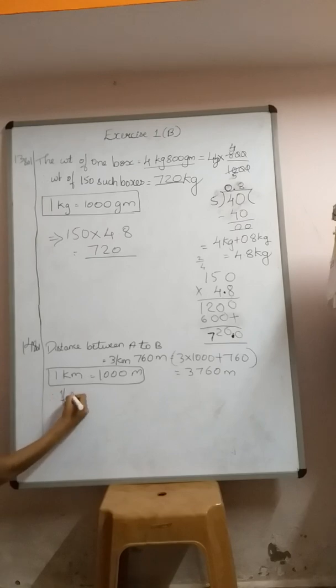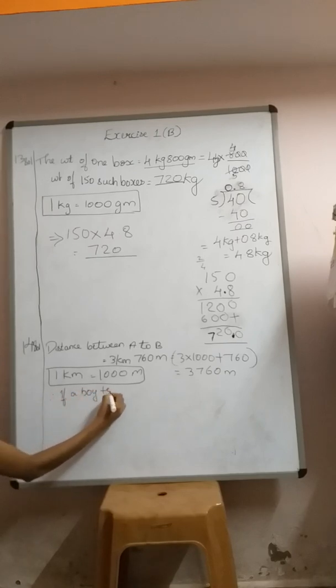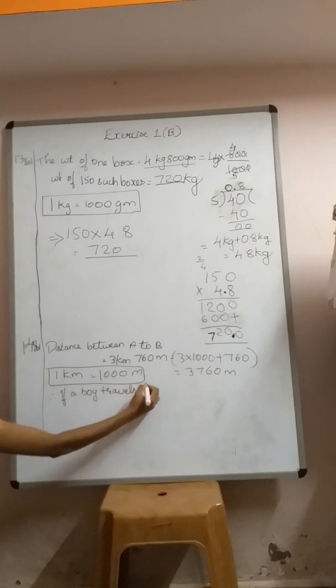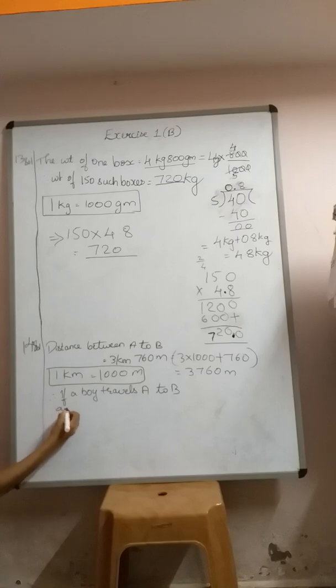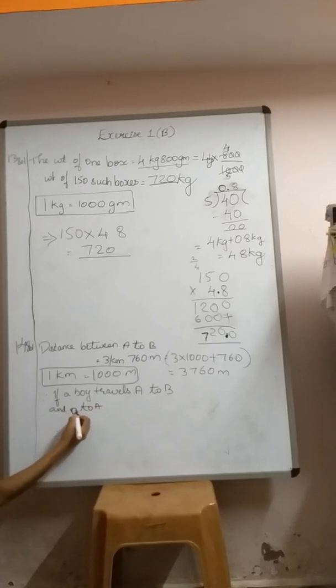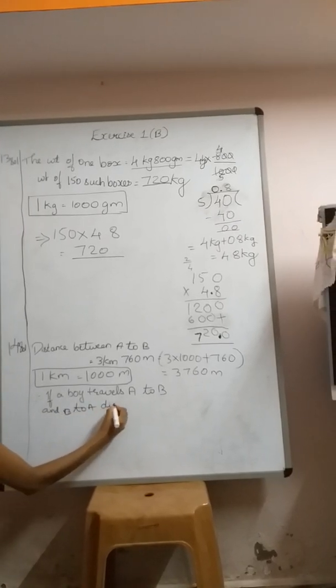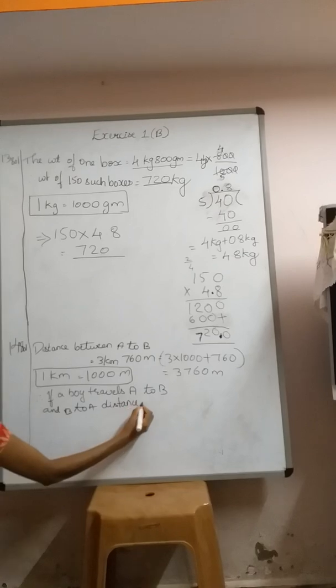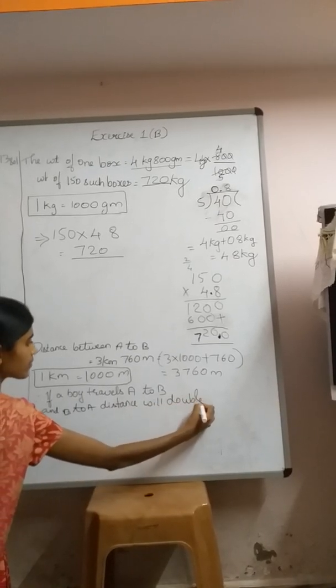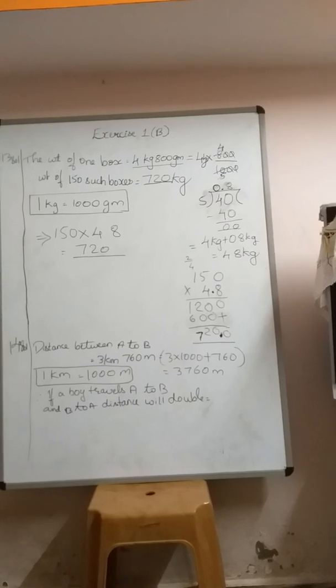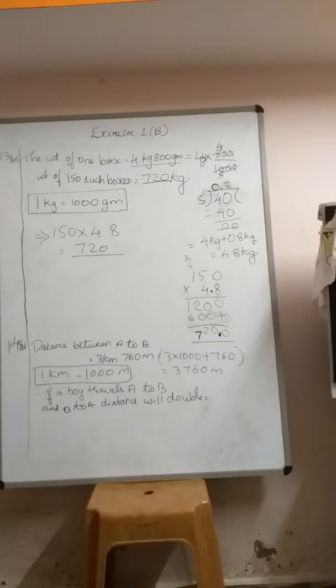Okay. Now let us say if the boy travels A to B and B to A, the distance will double. Yes or no? A to B and B to A, the distance will double.